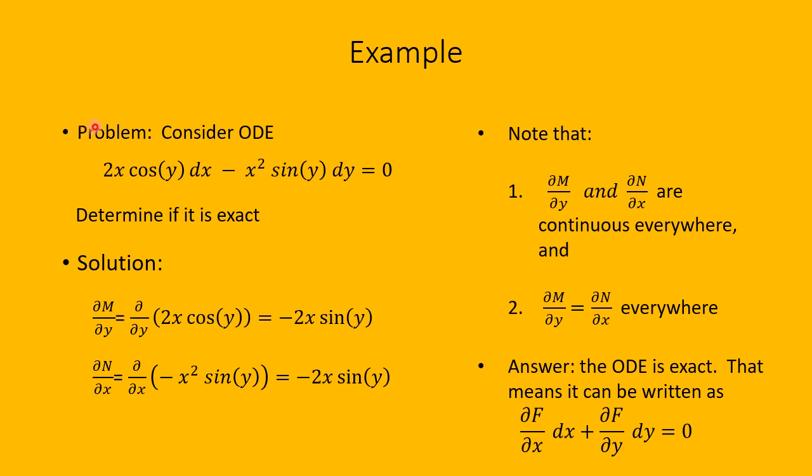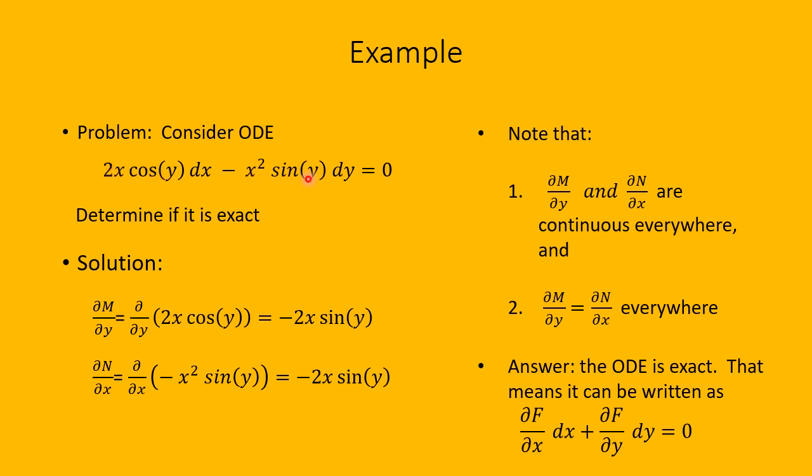As an example, let's consider this problem. Let's look at 2x cosine y dx minus x squared sine y dy equals 0. Notice in these equations we're considering, we always have equals 0 on the right-hand side. Let's determine if it is exact. Okay, so we'll think of this as M of x, y.